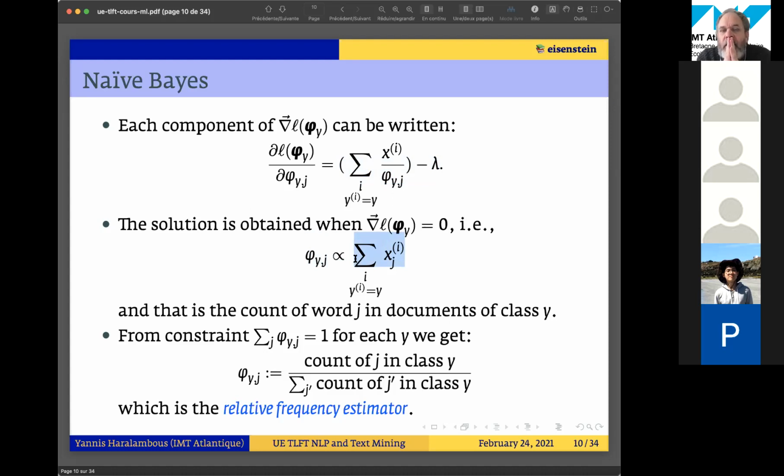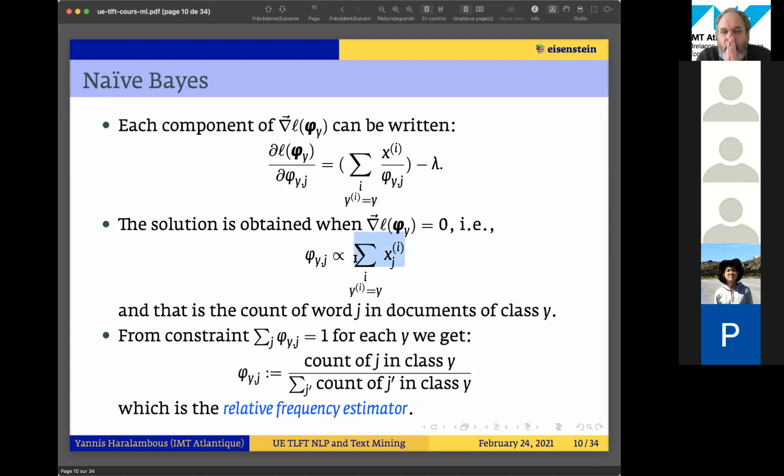Xj is the number of occurrences of a word, and xji is the number of occurrences of word j in document i. Now, the sum is over all the i such that the class of the document is y.